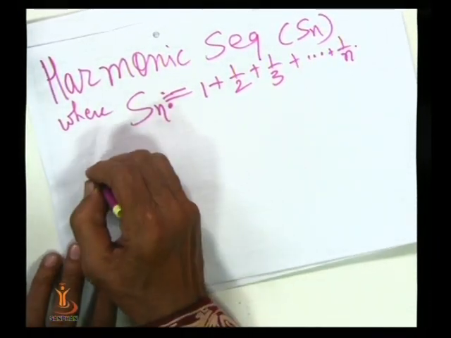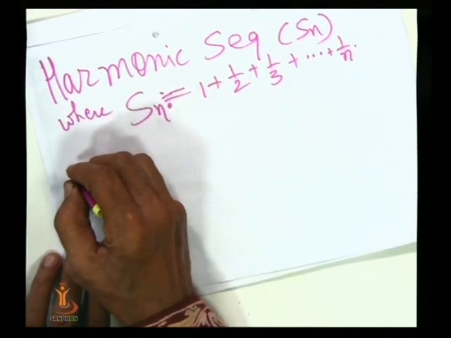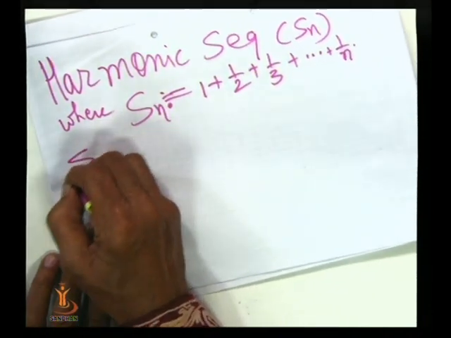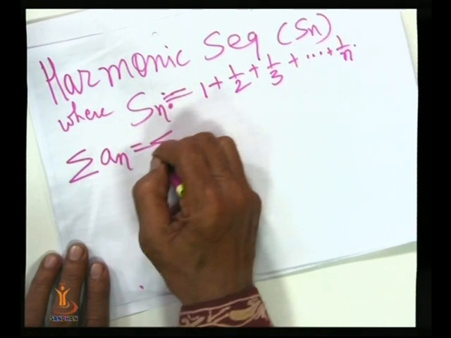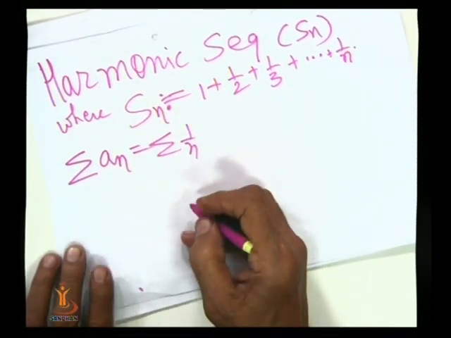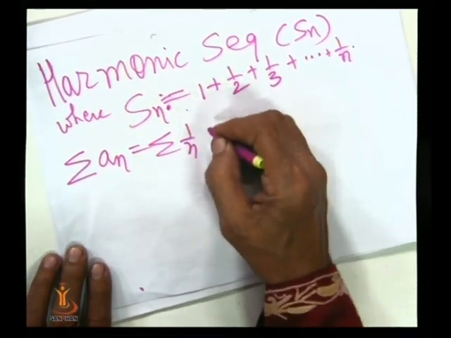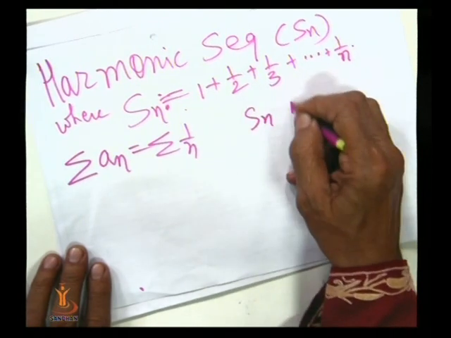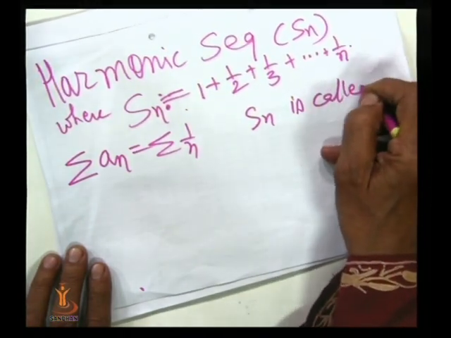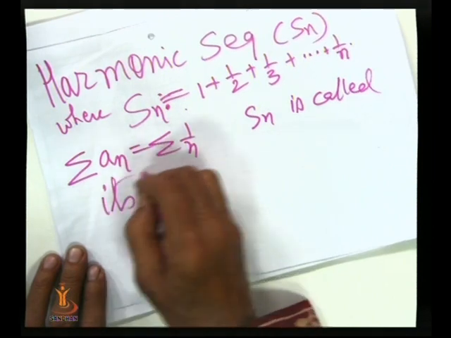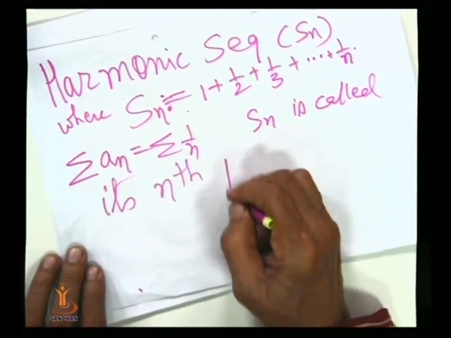Now for the series, if I take the series an equal to sigma 1 upon n, then Sn is called its nth partial sum.